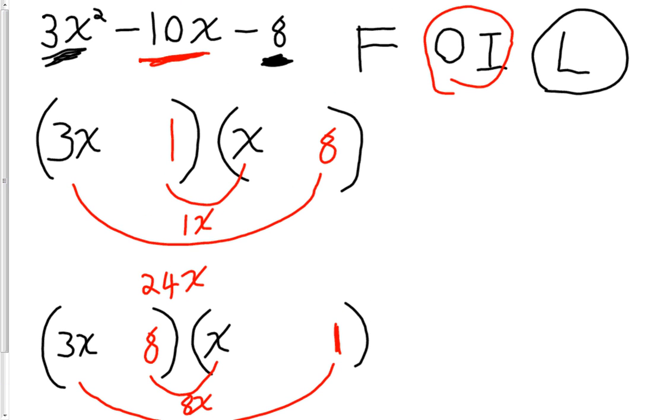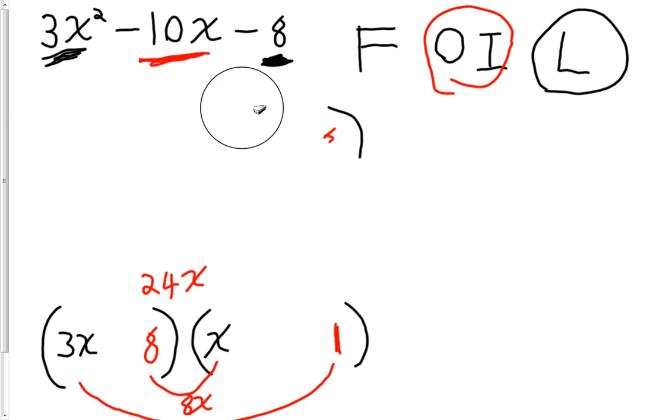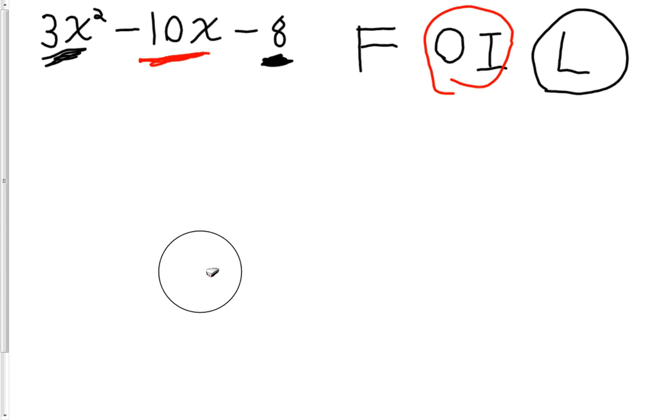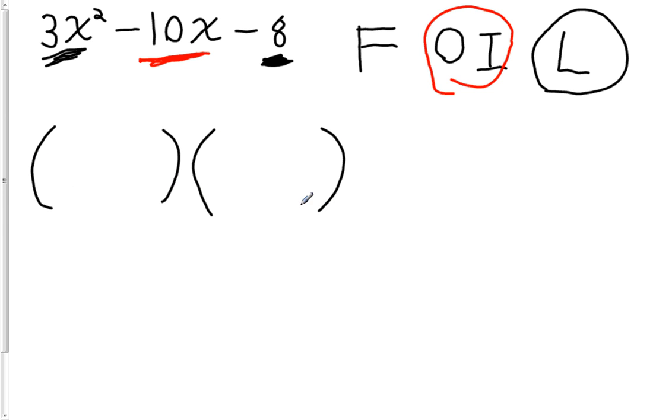So I'm going to move on because 8 has two other factors. 1 and 8 don't work, so I'm going to try the other two factors of 8, which are 2 and 4. So let's go back here. Once again, because 3 is a prime number, I know 3x and x have to be in the first positions of each of my binomials.